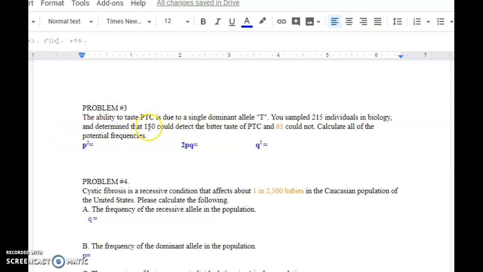That's the heterozygous and the homozygous, not a useful number. It is the 65 that cannot taste it that's useful. That's going to be your Q squared, at least it will be when you take this 65 and divide by 215 so that you get your decimal. So that should be easy to get Q squared. Then you just got to find P squared and 2PQ.